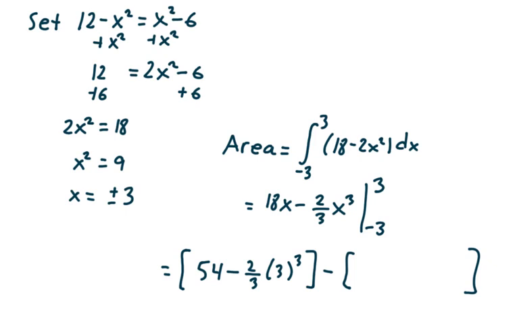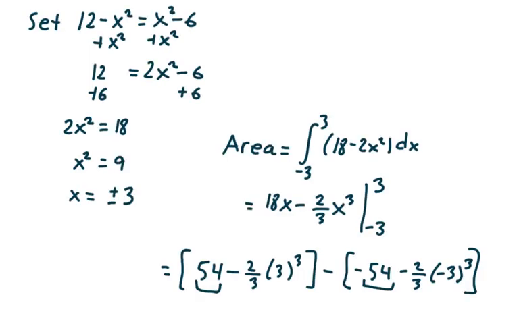I'm going to plug in -3, and I'm going to get -54 minus 2/3 of -3 cubed. So if I take 54 and subtract off -54, that's 108, all right? And then I'm going to go minus 2/3 of 27.